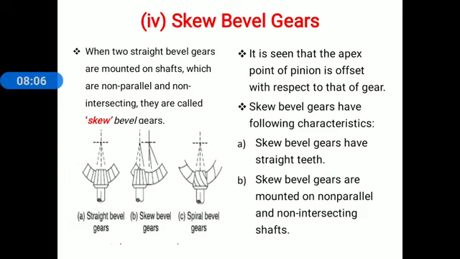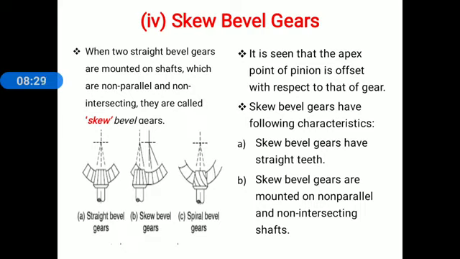Fourth special category, skew bevel gears. Again, everyone observe the sketch shown on the screen. There are 3 sketches, A, B and C. A, straight bevel gears, B, skew bevel gears and C, spiral bevel gears. Okay, now see the definition.